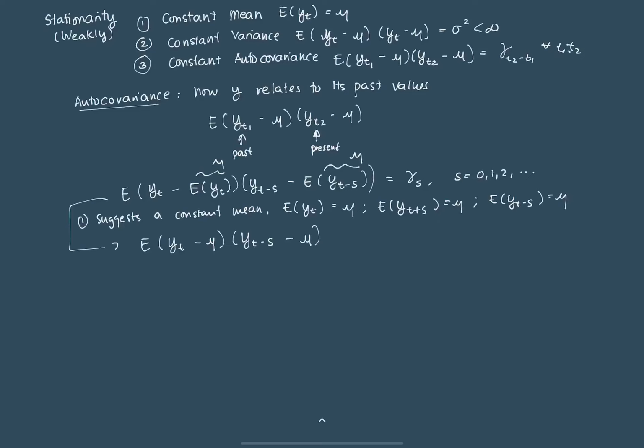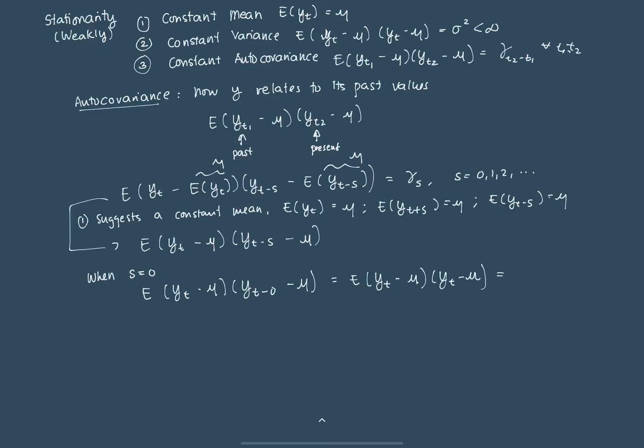A special case is when s is equal to 0. The equation reduces to the expected value of yt minus mu, times yt minus 0, since s is equal to 0, minus mu. You're left with the expected value of yt minus mu times yt minus mu.